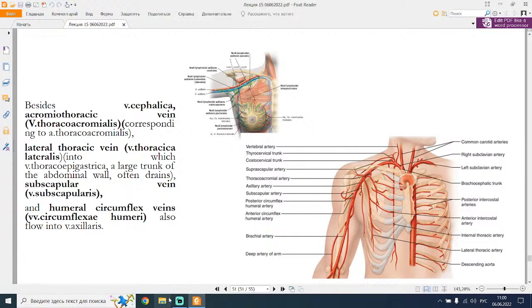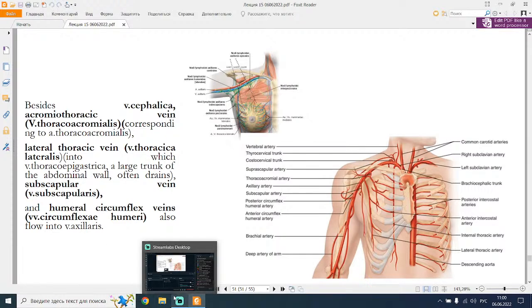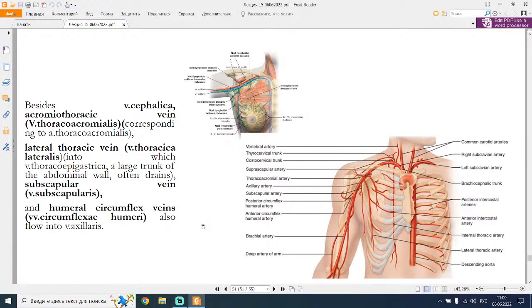Lateral thoracic vein, vena thoracica lateralis, corresponds to the artery thoracolateralis. Vena thoracica lateralis.